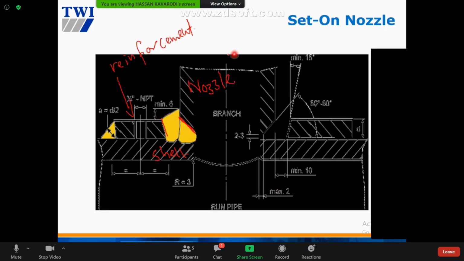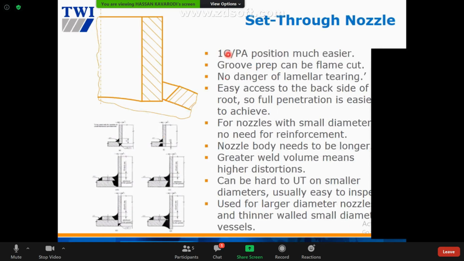Okay. All right. We move to set through nozzle. Another name, they call it set in. Yeah. Set through or set in. Look here, we have the nozzle set in or set through the shell. So here is the nozzle.